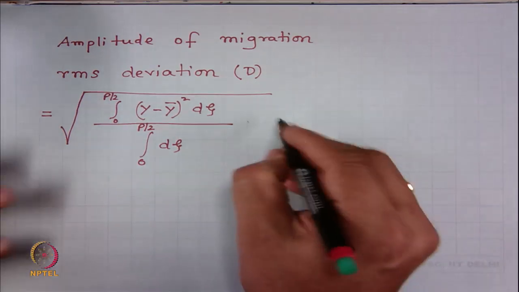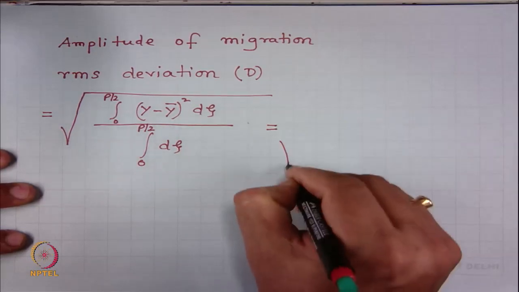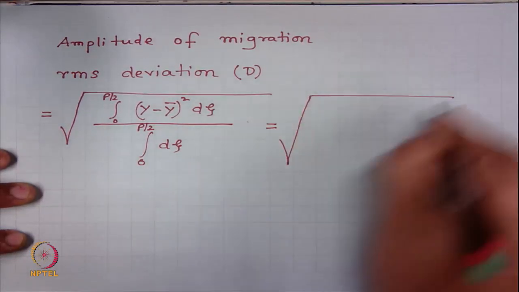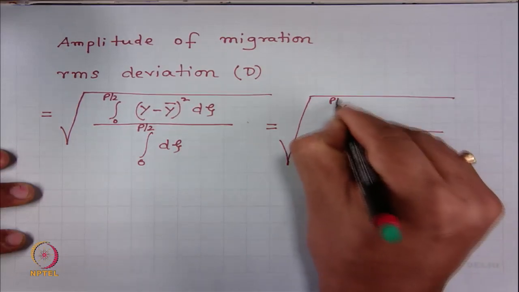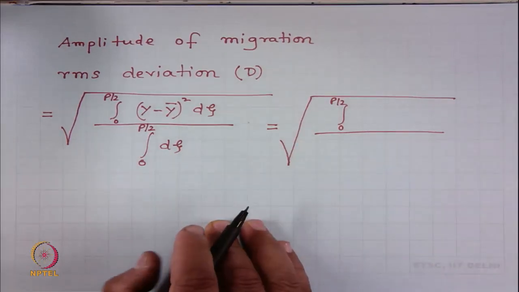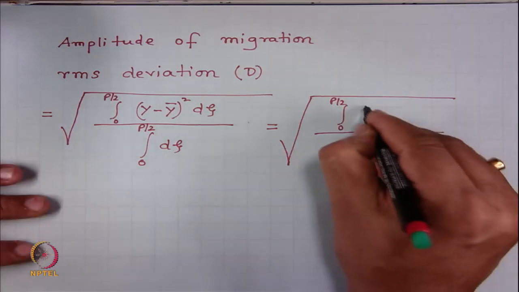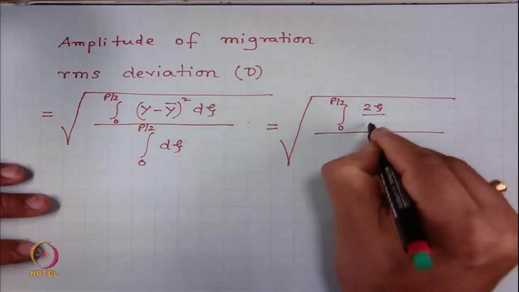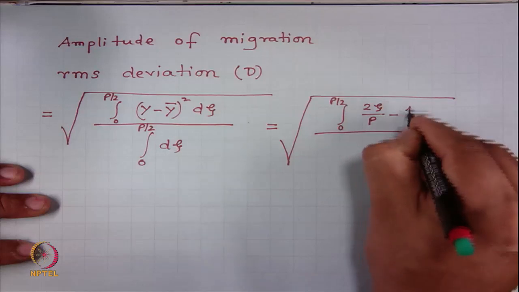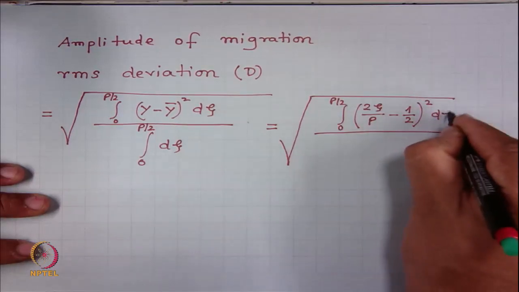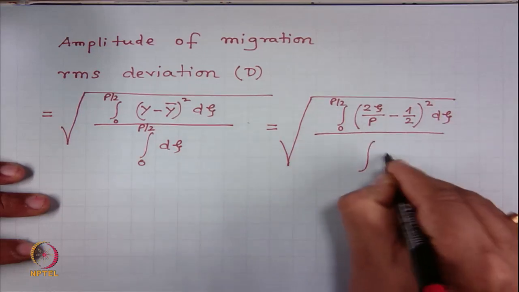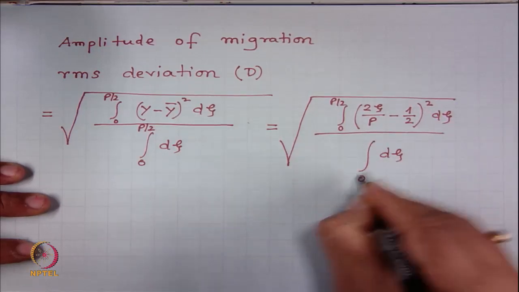So, what is your y? y is your 2 zeta by p. What is y bar? Half.